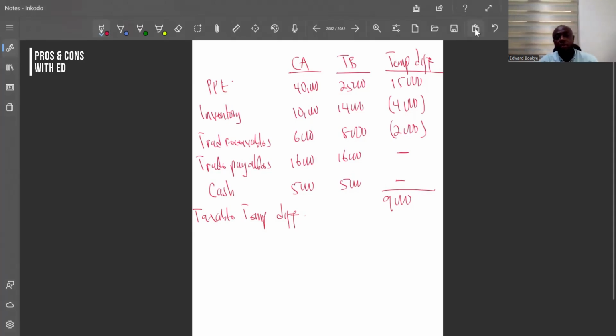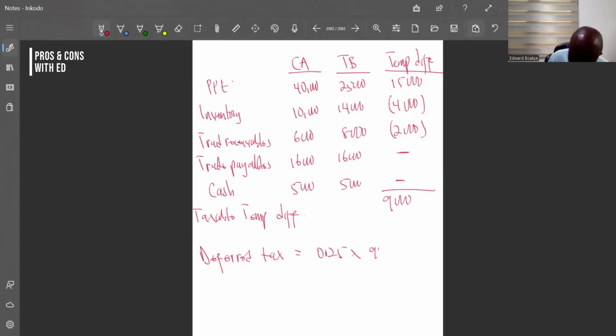Now, the question gave us our tax rate. The question gave it to us to be 25%. So in that case, our deferred tax will be equal to 0.25 times 9,000.